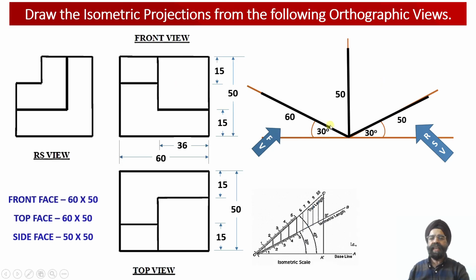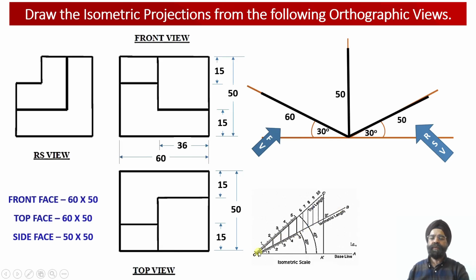So now we can see alongside the X axis the length will be depicted, alongside the Y axis the height of the solid will be depicted, and alongside the Z axis we are going to depict the width of the solid. All the dimensions which are available with us in these orthographic projections need to be converted using the isometric scale into isometric length dimensions.